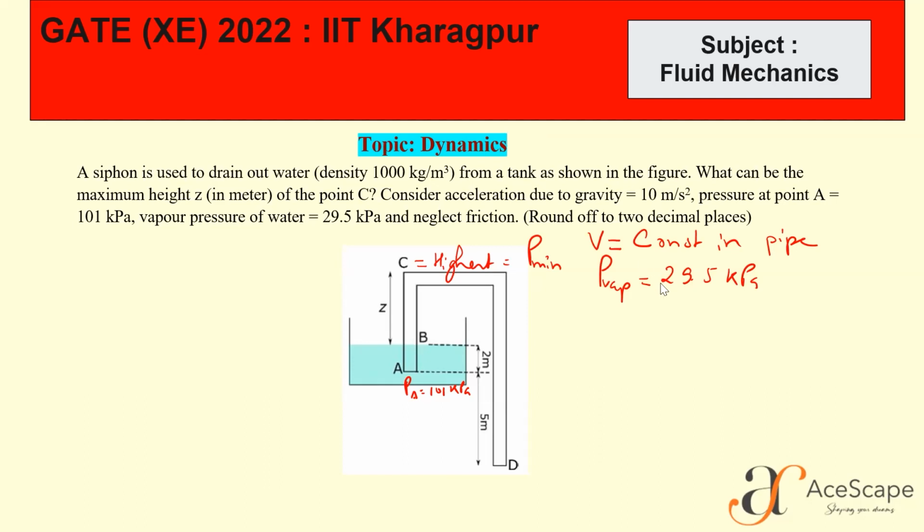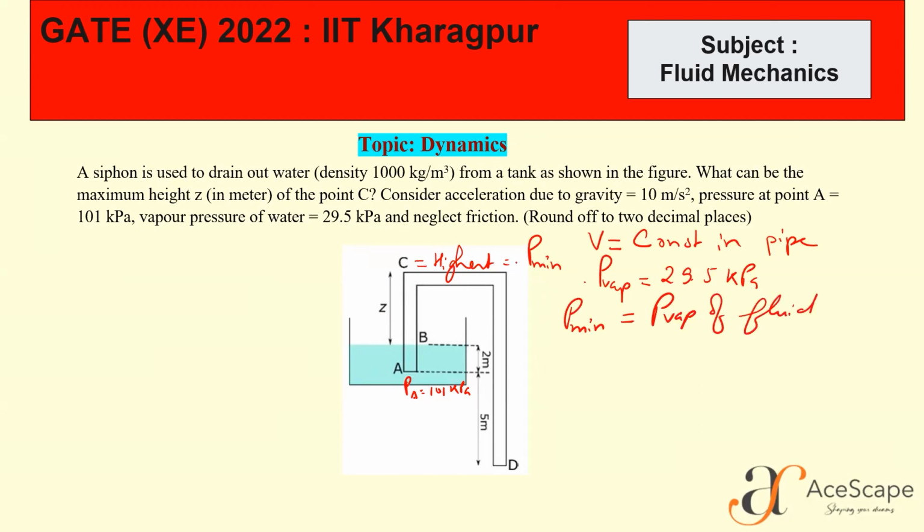Cavitation starts to occur because the boiling point is a function of both pressure and temperature. If we decrease the pressure, the boiling point changes. If we go below the vapor pressure of the fluid, it starts to boil. So to avoid that boiling, the minimum pressure in the siphon tube should be equal to the vapor pressure of the fluid.